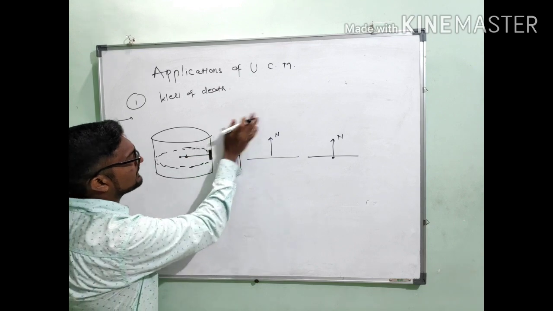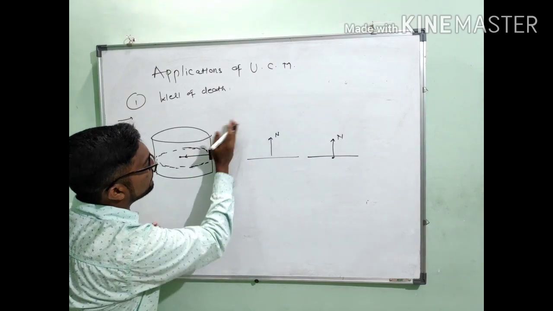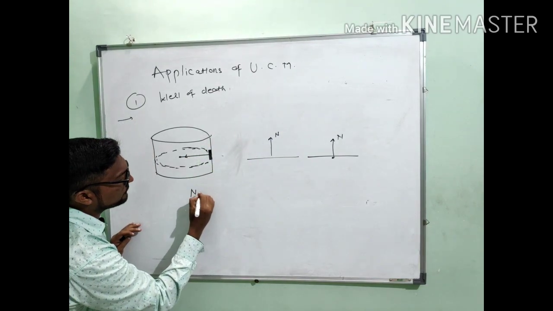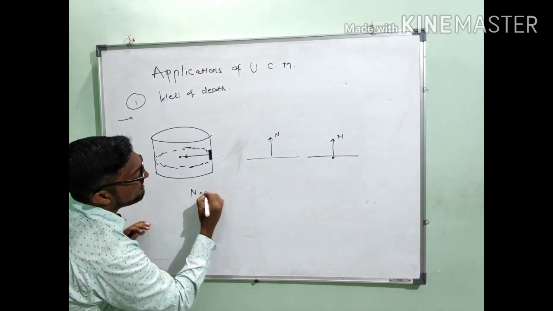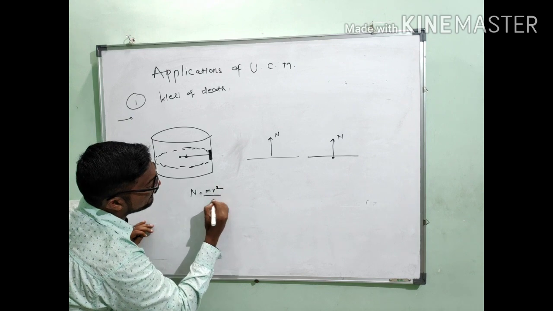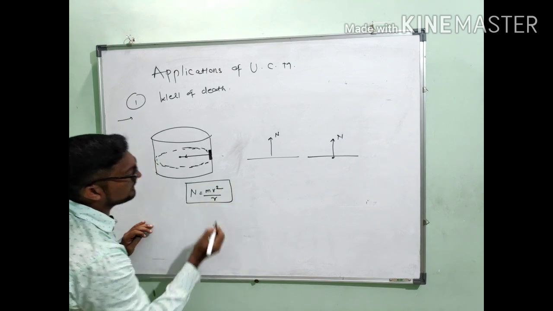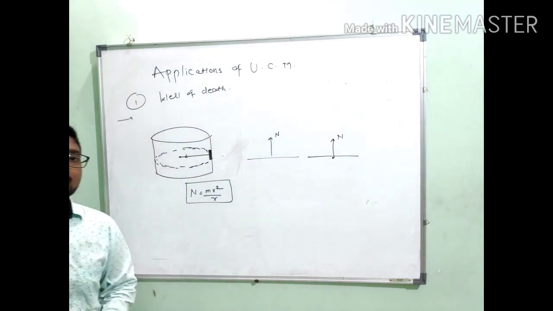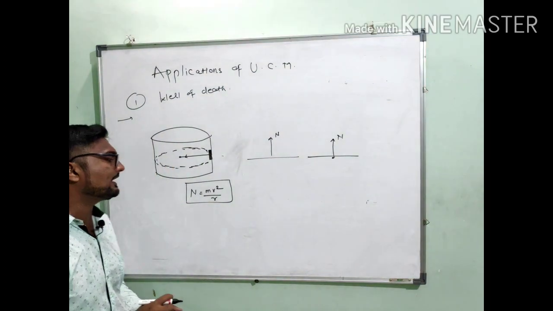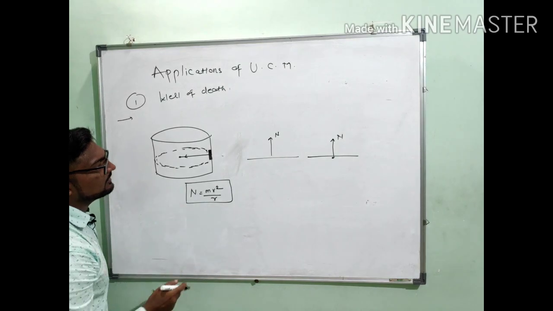So basically this normal reactive force over here is providing me the centripetal force. In the first example, frictional force was giving me centripetal force. Here normal reactive force will give me centripetal force.